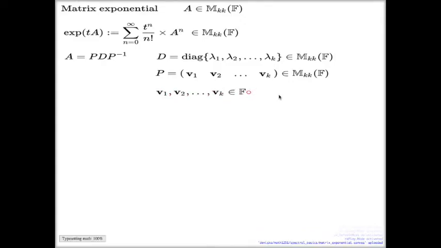These boldface v1, v2, vk are k-tuples, they are eigenvectors for my A matrix. So we assume we have k of them and they are linearly independent, so this P is indeed invertible. So this factor here makes sense. So we have a full diagonalization.